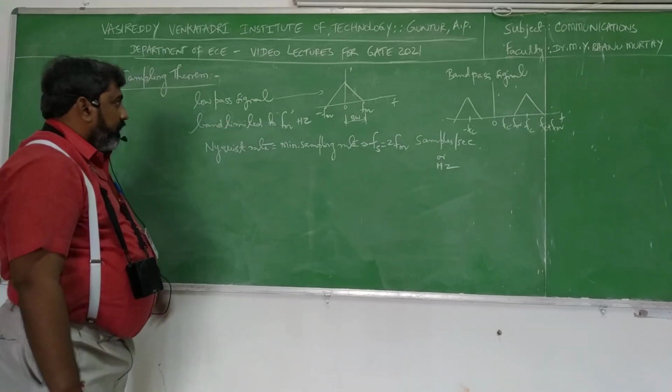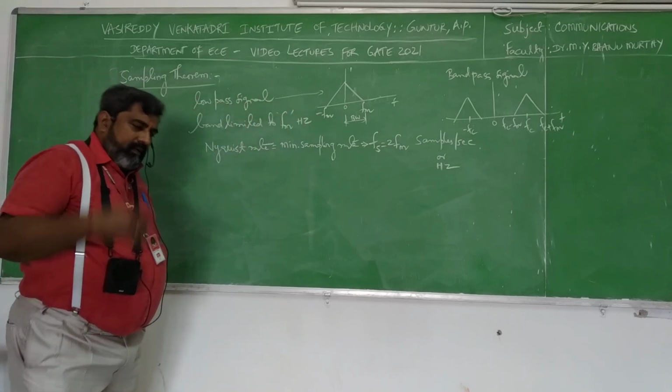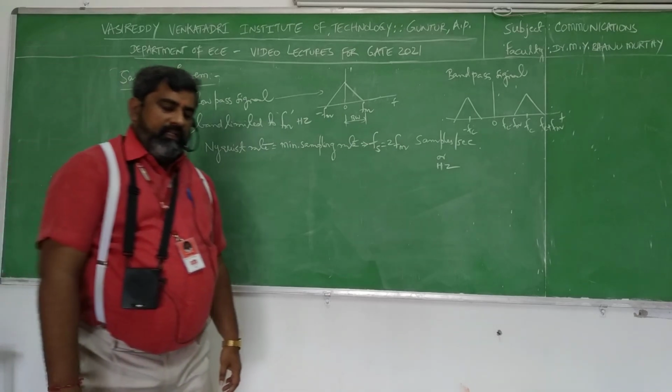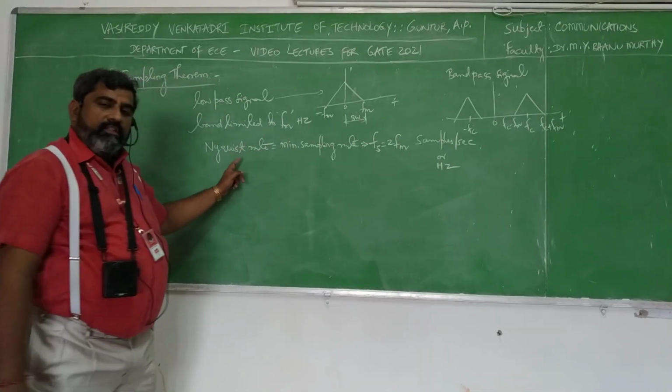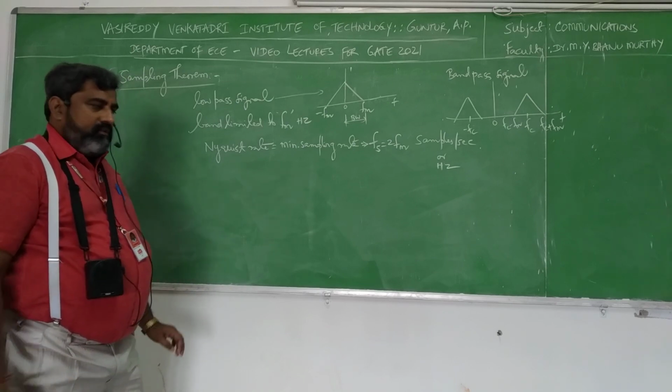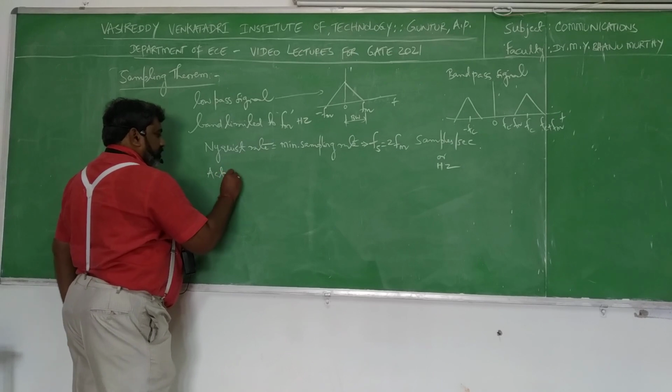In the sampling theorem, a low pass signal band limited to FM hertz can be completely recovered from its samples if you sample the signal at a rate slightly higher than how much? The Nyquist rate. So the actual sampling rate is the point here.